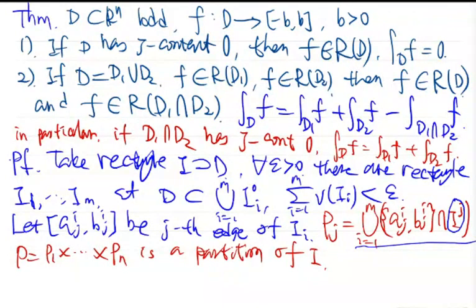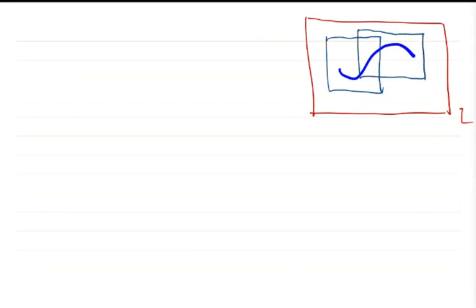In a picture we write this: this is the rectangle I, and as before, this is our D, and similar to the proof of the previous theorem, this is I1, I2.